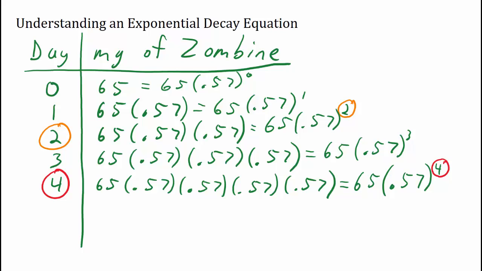That's pretty convenient. So let's extend this and say we have day x. Well, that would be 65 times 0.57 to the x power. And that would tell us how many milligrams of Zombine we have left in our system after any number of days. Looks like we have our equation.